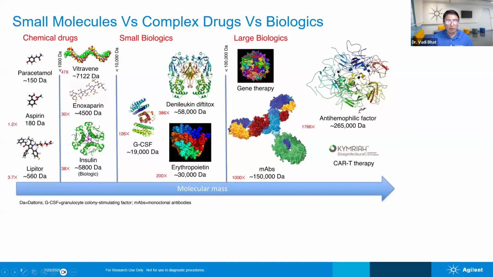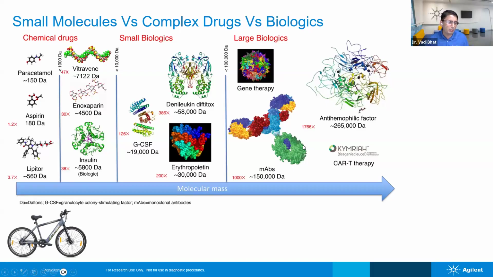They are not that complex compared to the large molecules. Then you have small biologics and large biologics. Small biologics are essentially the smaller proteins, and large biologics are generally monoclonal antibodies, ADCs, fusion proteins, and of course, the bigger ones are cell and immunotherapy.